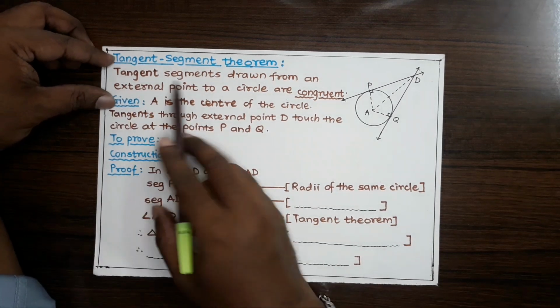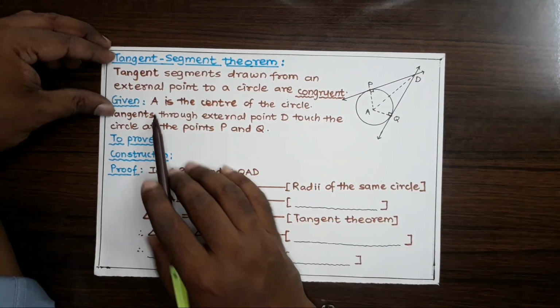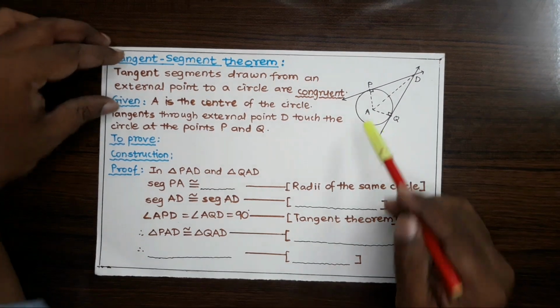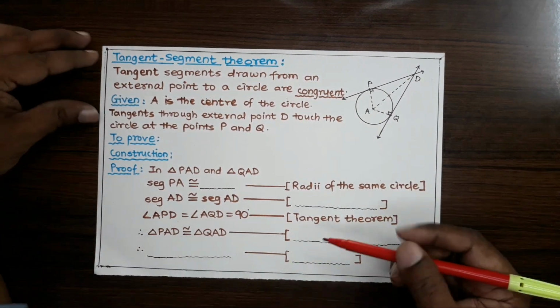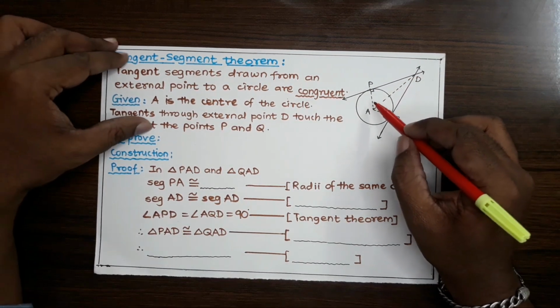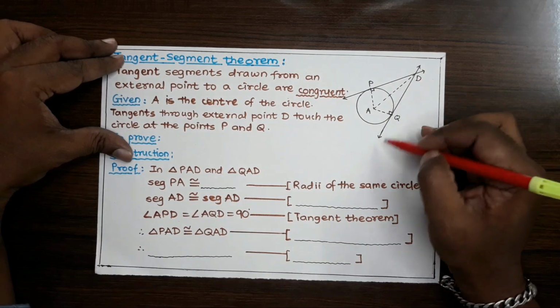From the given information we can write: given, A is the center of the circle. In the figure we can clearly see that A is the center of the circle. And the tangents through external point D touch the circle at points P and Q. We have drawn two tangents.